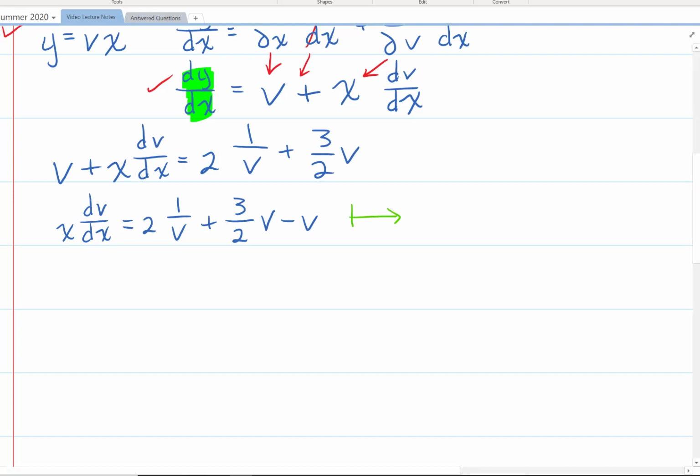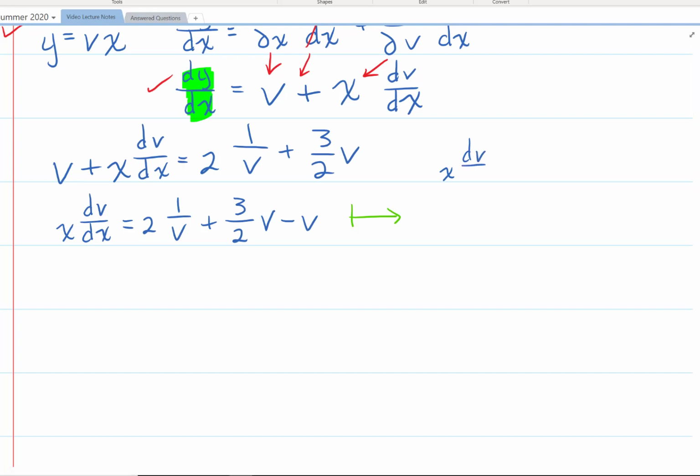So that means we'll divide that x through. So we'll kind of squeeze it up here.